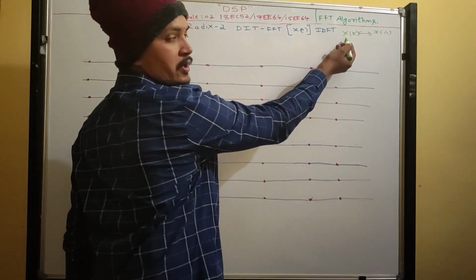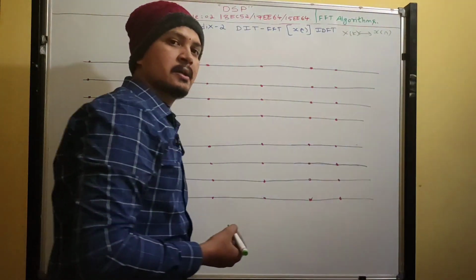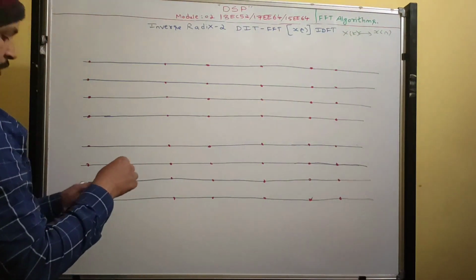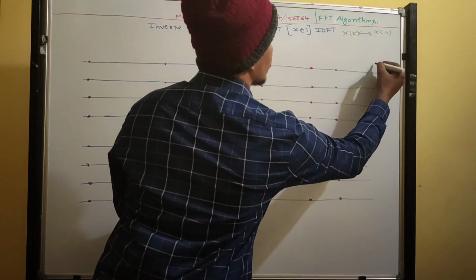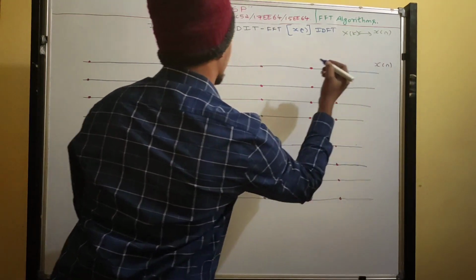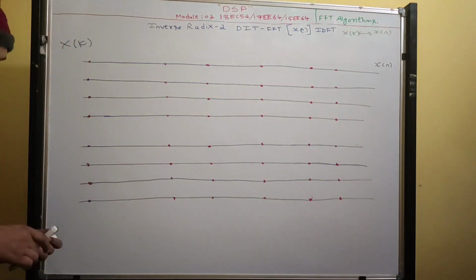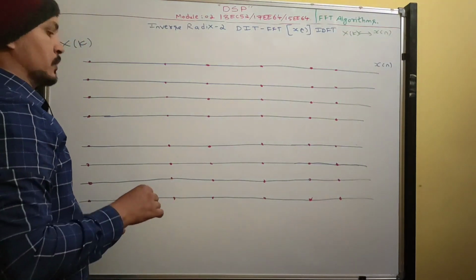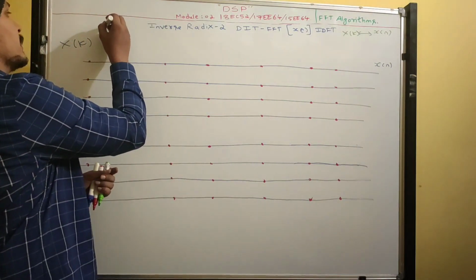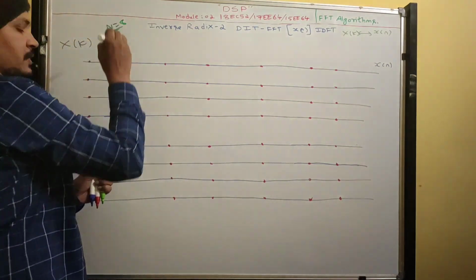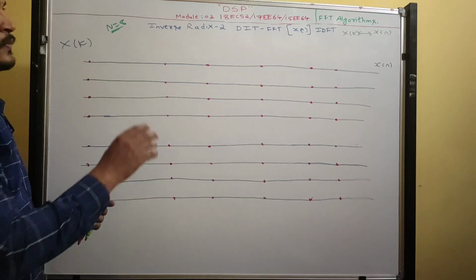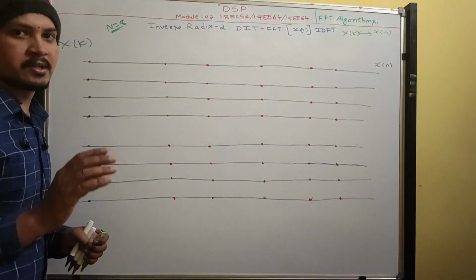If I take IDFT of x of k, what will you get? x of n. So IDFT means output is x of n and input is x of k. So I am writing for 8 point, n is equal to 8.